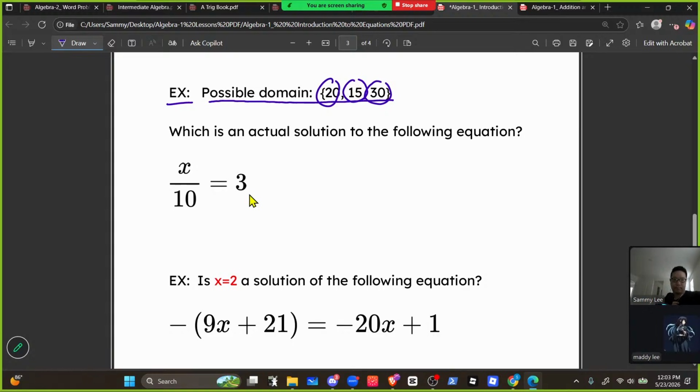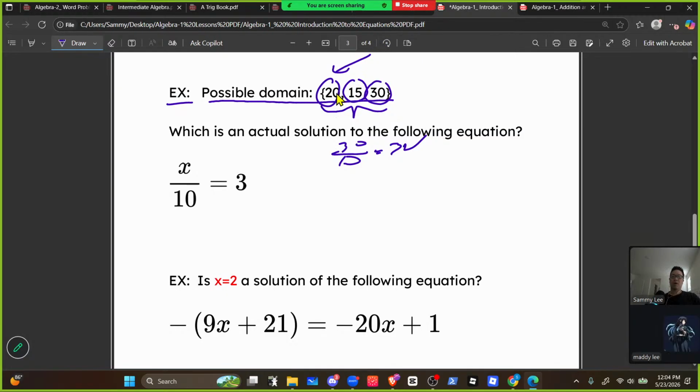X is 30. Well, I'm not asking for 30. You're correct that x equals 30, because 30 divided by 10 gives us 3. But I'm asking which of these possible solutions in the domain is in the actual domain. In other words, is 20 a possible solution?